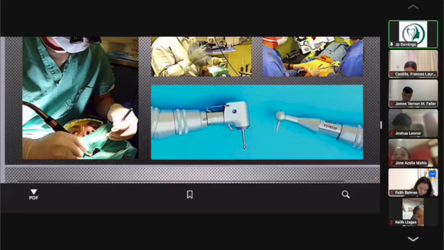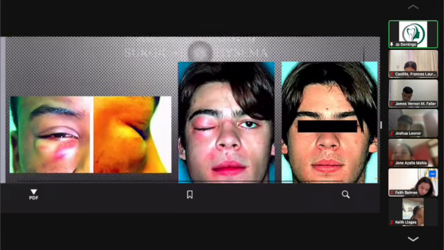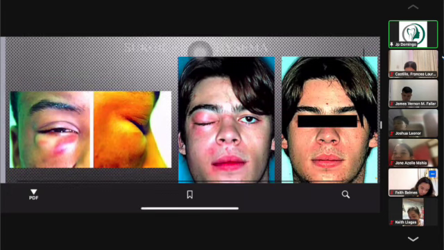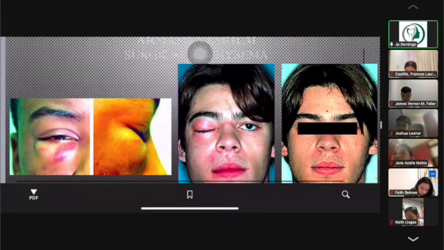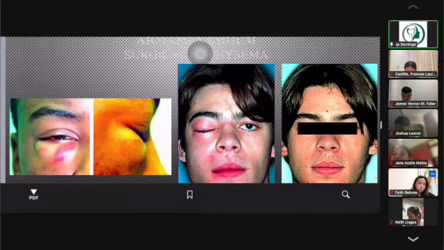Okay. So we go now to the next slide. As I was saying, surgical emphysema is the influx of air, the introduction of air into soft tissues. This has a very acute, rapid onset. It develops within seconds or minutes.